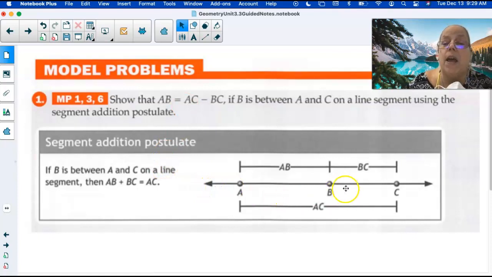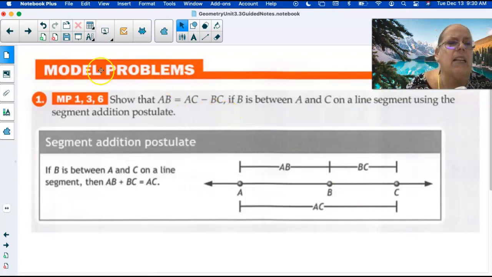We have a line, and B is in between A and C. If B is in between A and C on a line, then AB plus BC equals AC. That's the segment addition postulate. We're adding segments.